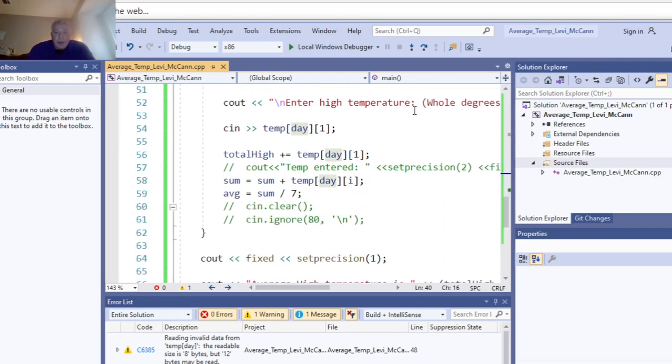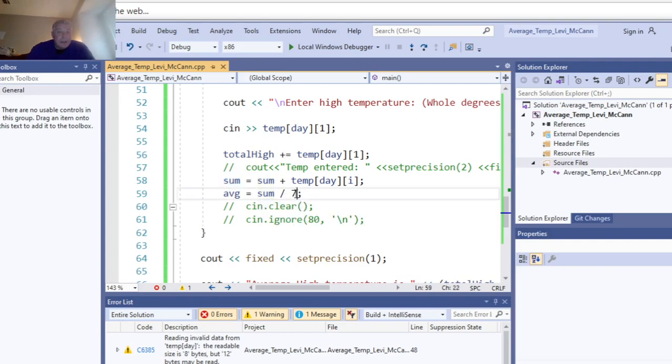So you enter the high temperature, the whole degrees. And you get the high temperature from the user. You get the total high here. And you get to put that in the sum again. You divide it, you get your average.